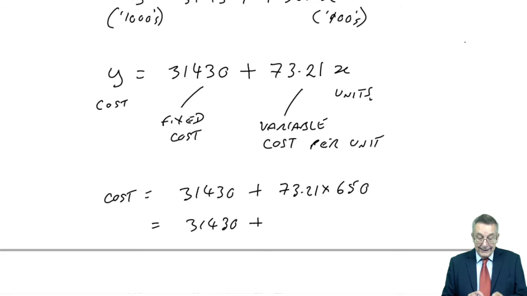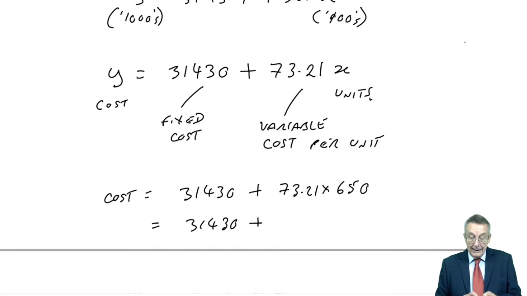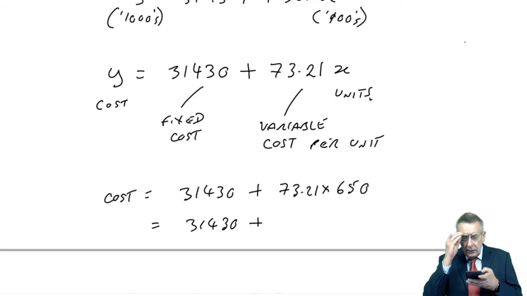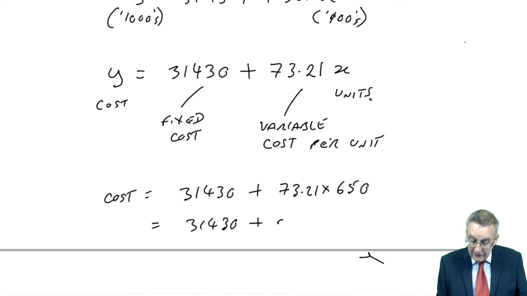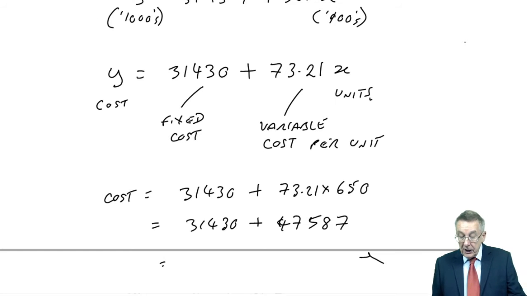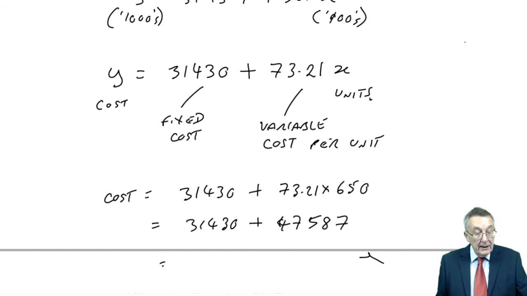Which is what? Oh dear, 73.21 times 650 is 47,587. That gives me a total of 79,017.